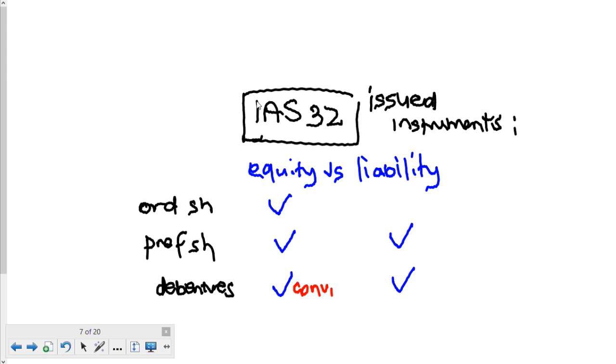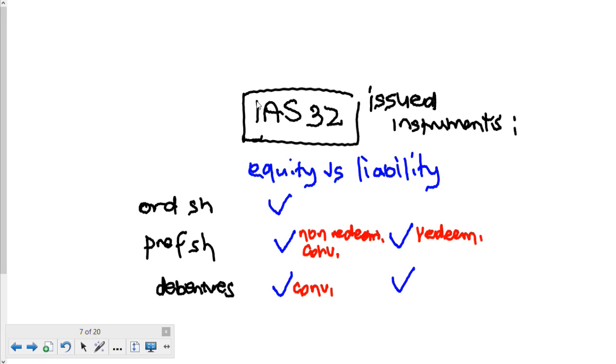For preference shares, the preference shares that we consider to be equity are non-redeemable or convertible. Non-redeemable or convertible preference shares are considered to be equity. Redeemable preference shares are considered to be liability. So this is what this whole question is in IAS 32.